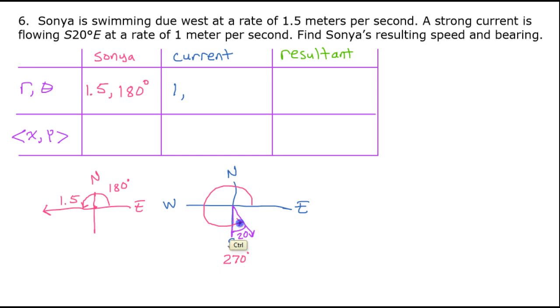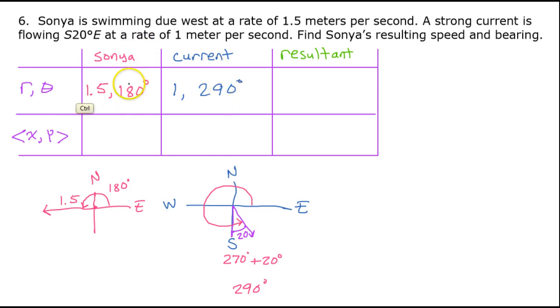But I kept going an extra 20 degrees. So of course 270 plus an extra 20 degrees is 290 degrees. So when we record the direction on this chart, that's what we're going to put, 290 degrees. So we have the magnitude and the direction for Sonia and the current.